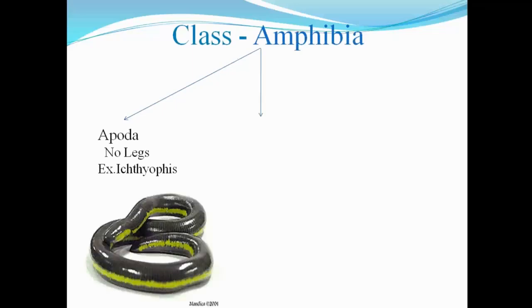Now the class Amphibia is differentiated into three main orders, of which the first order is Apoda. These are the limbless amphibians. They don't have paired limbs. Example, Ichthyophis. The second order is Urodela. The adults of this order carry paired limbs as well as a well-developed tail.